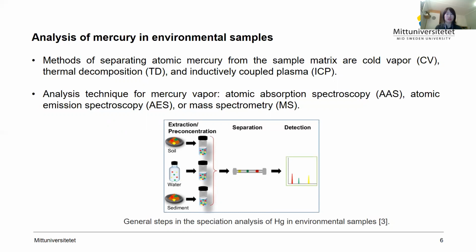All methods rely on extracting elemental mercury into a vapor, such as cold vapor, where free mercury atoms in a carrier gas are excited by an ultraviolet light source, or using thermal decomposition and inductively coupled plasma.